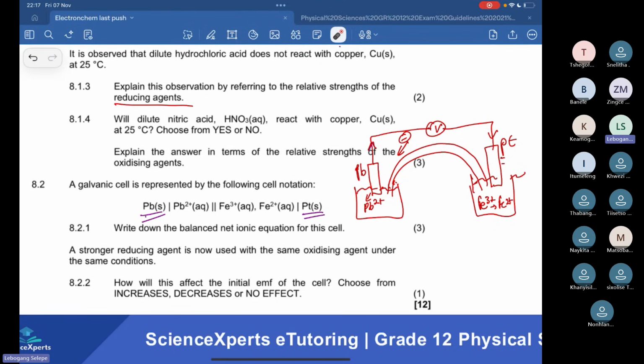All right. The question says that a stronger reducing agent is now used with the same oxidizing agent.